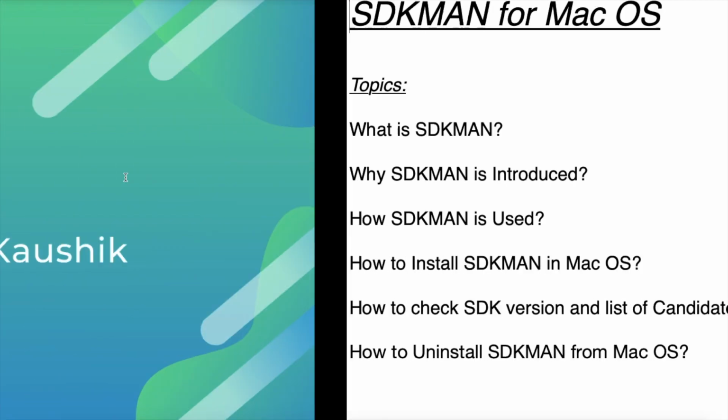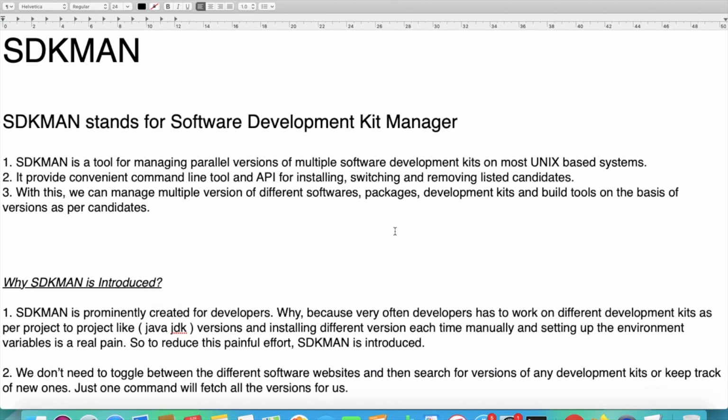So as I just stated, it is used to maintain parallel versions of multiple software development kits. Also guys, it provides a convenient command line tool and API to install, switch and remove listed candidates, and I'll show you later on what candidates are. And with this we can manage multiple versions of different software, packages, development kits and build tools.